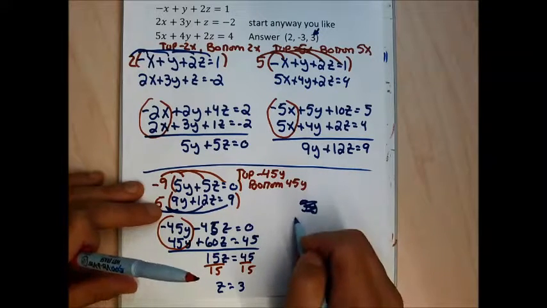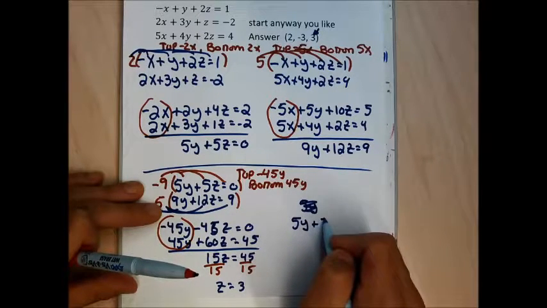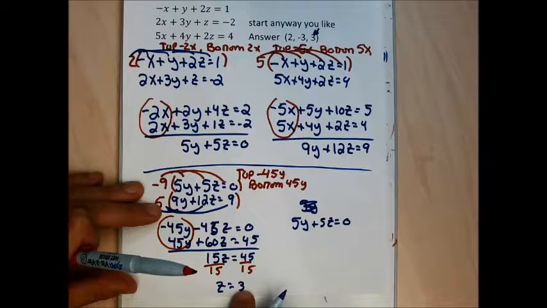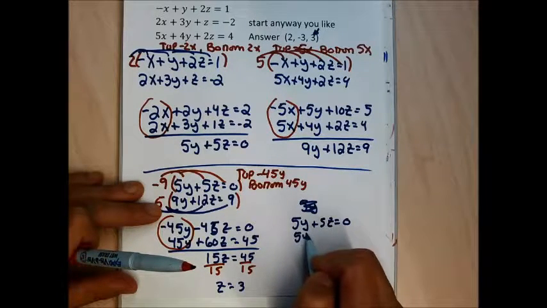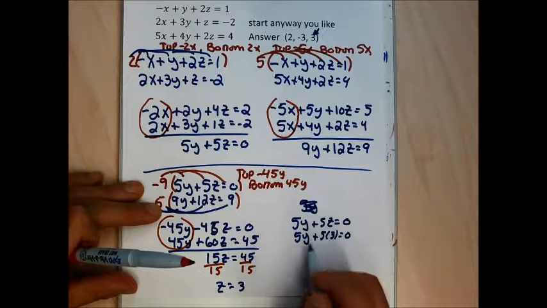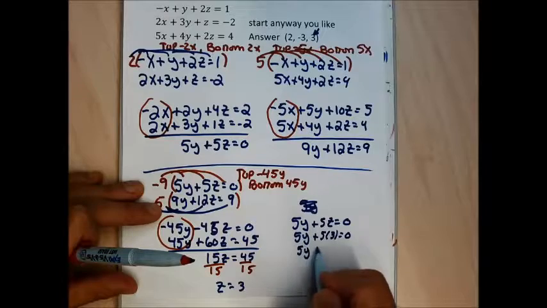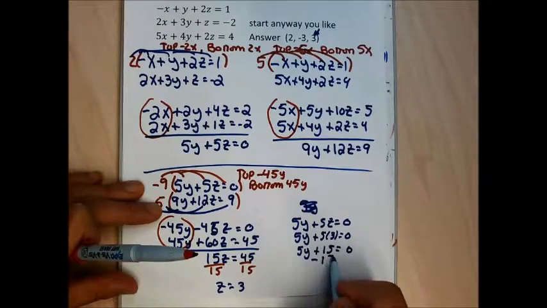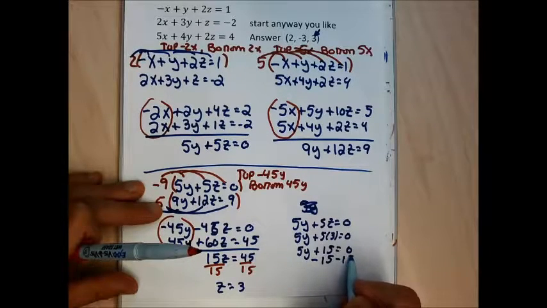I'm going to use the equation 5y plus 5z equal to 0 because it has the smaller numbers, and plug 3 in for z. That would give me 5y plus 5 times 3 equal to 0. That's going to give me 5y plus 15 equals 0, and then minus 15, minus 15.